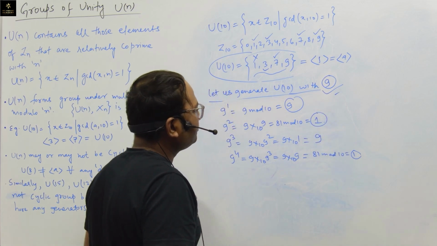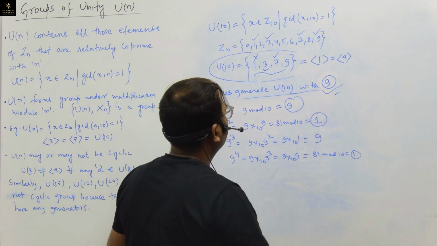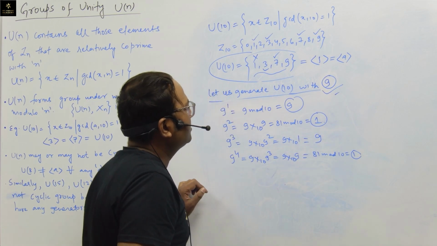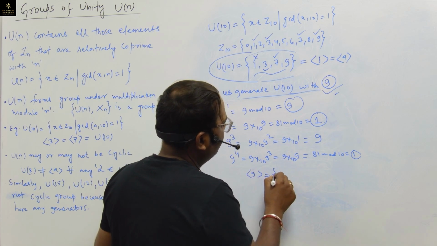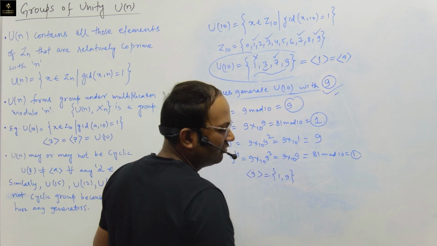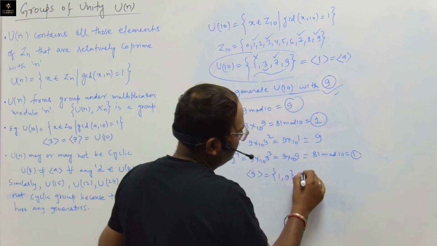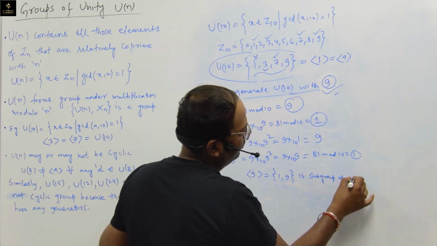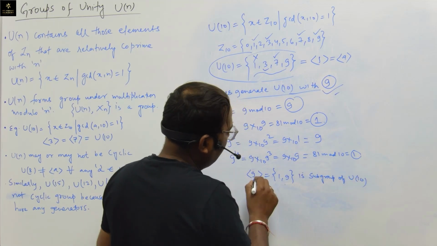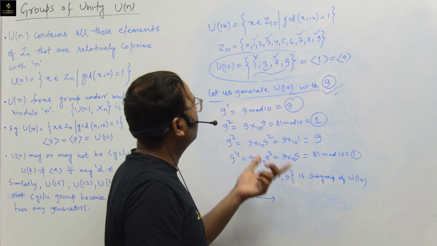So the elements generated with 9 are 1 and 9. This 1 and 9 is a subgroup of U10. So 9 is generating a cyclic subgroup and not the complete group.